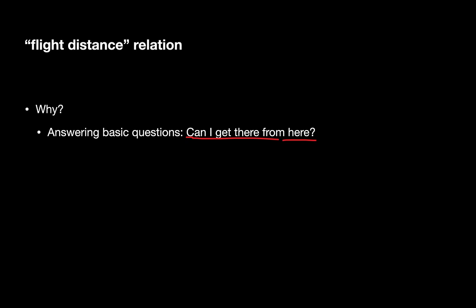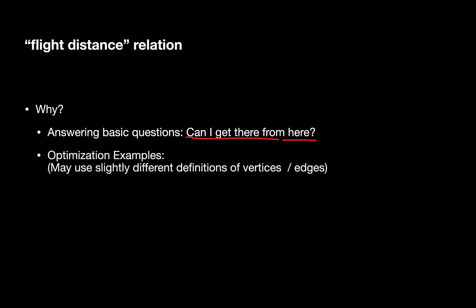We can also be a little bit more precise about that. So we might be trying to optimize things. This might use slightly different definitions of vertices and edges, but typically the vertices would still represent some concept of destination, and the edges somehow relate to the travel time. So we could be trying to do the lowest time in air, which will work with the definition of vertices and edges we just used.